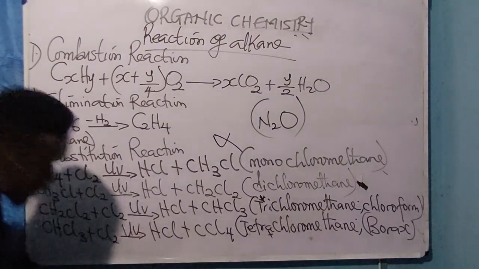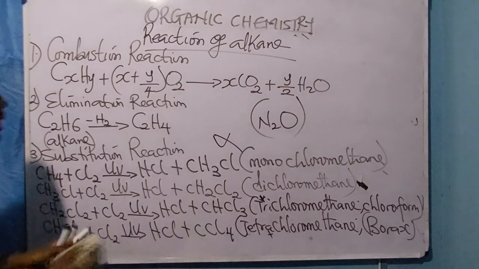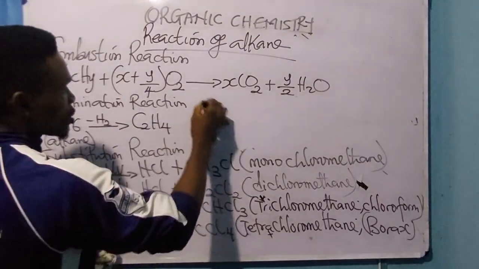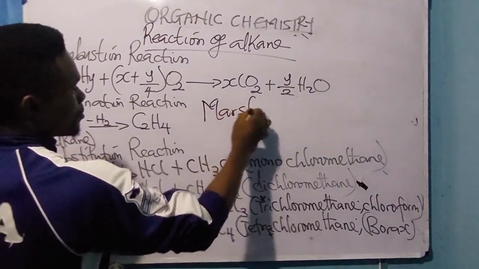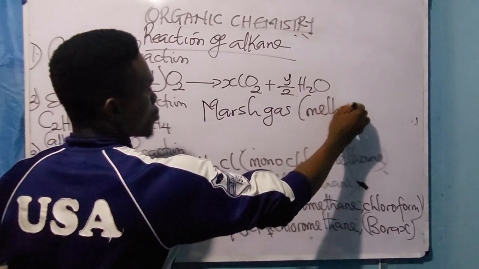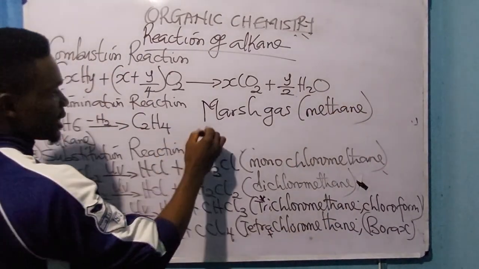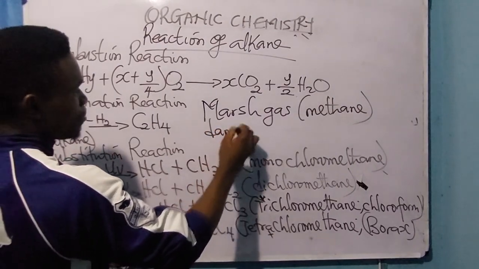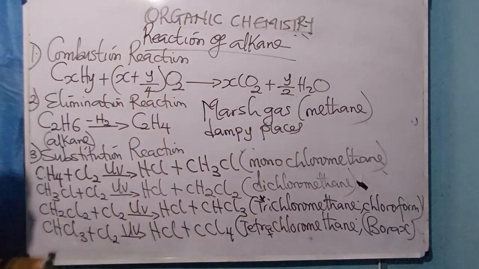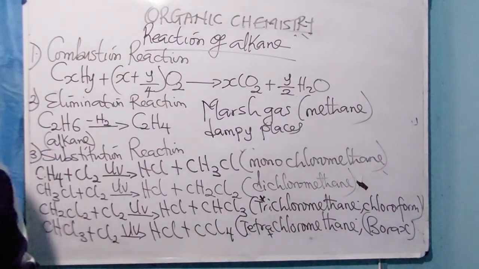Now, the next thing we are going to be treating, please, let me quickly say this. Methane is otherwise called marsh gas. Methane is otherwise called what? Marsh gas. And it is found in dampy places, and it is highly volatile, and it is known as the principal constituent of cooking gas.